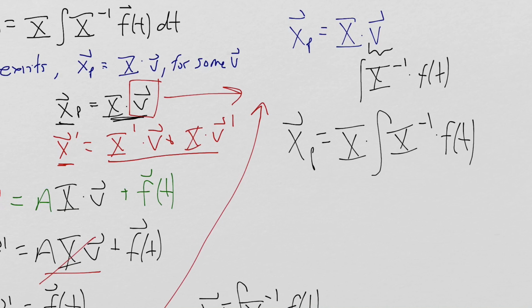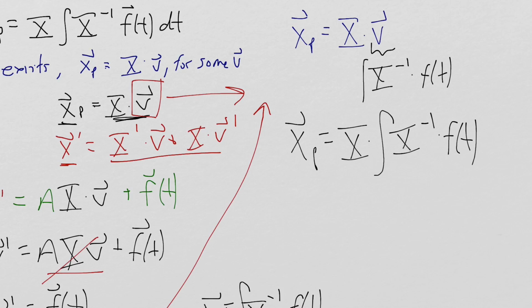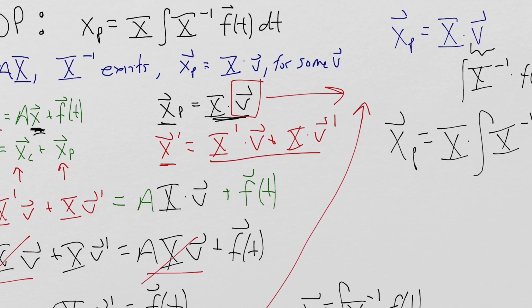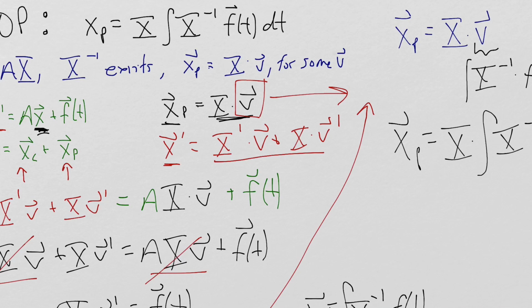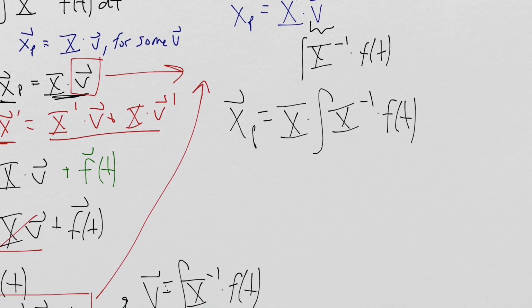And notice that is exactly what I wrote in the beginning of the previous video. This right here is my formula for variation of parameters.